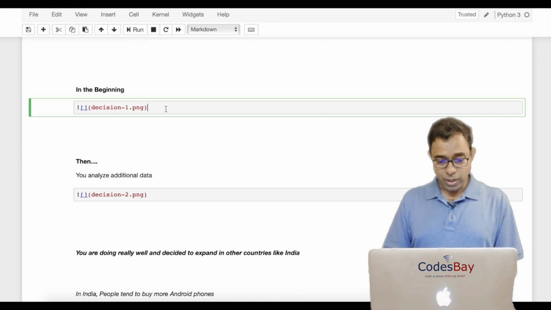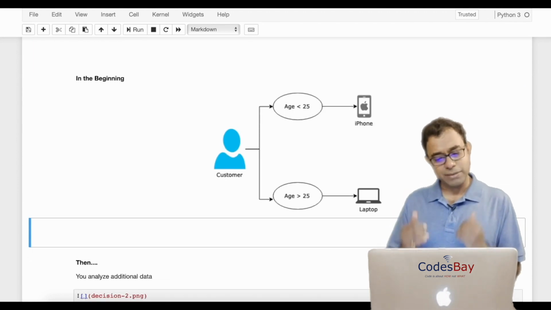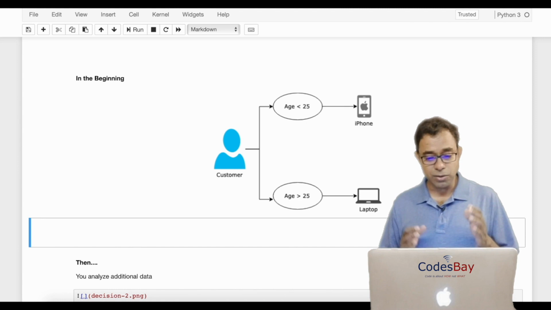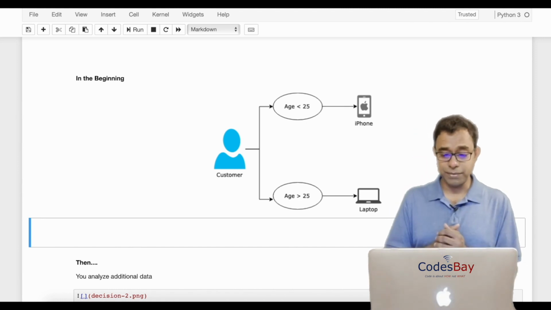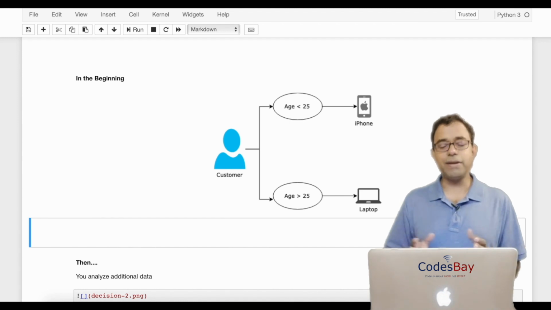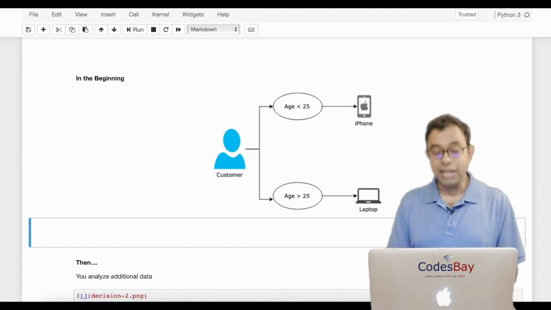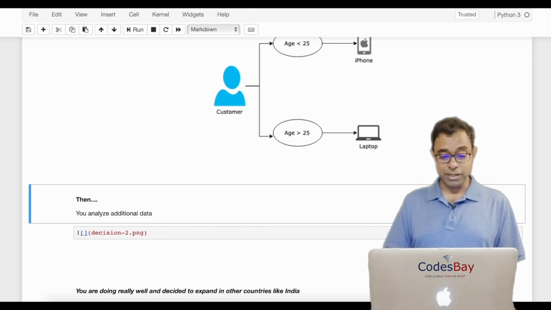Now in the beginning, you come up with a very simple code saying that if your customer's age is less than 25, you recommend iPhone. If age is greater than 25, you recommend laptop. Things are working fine, your startup is working fine.